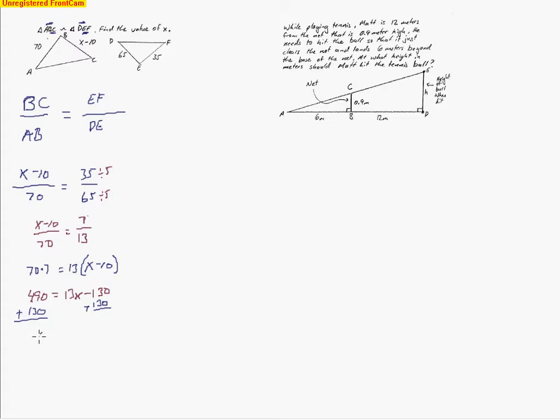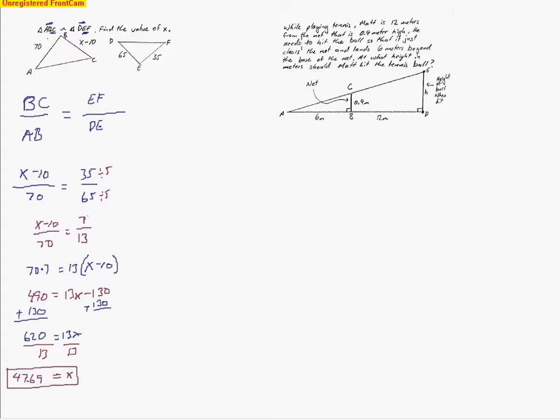Now I add these, and I have 620 equals 13x. When I try to do the division, I see 13 doesn't quite go in there evenly, so I end up with a decimal. I'm going to approximate this to the nearest hundredth and call it 47.69. And that would be my answer.